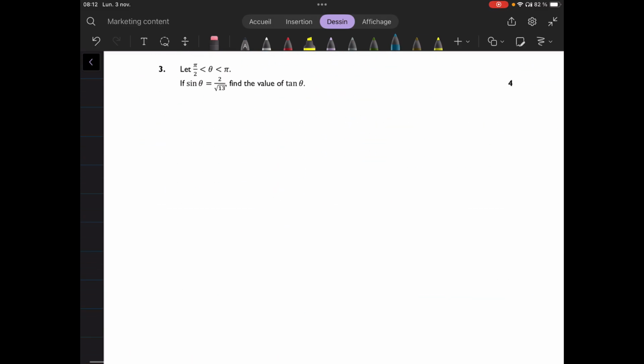Question 3. Theta is an angle in the second quadrant. You're given sine of theta and you're asked to find tan of theta. Tan of theta is sine of theta divided by cos of theta, so we need to find cos of theta. In the second quadrant, cos of theta is negative.